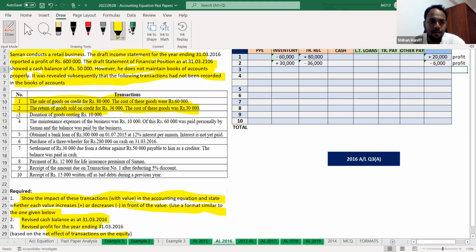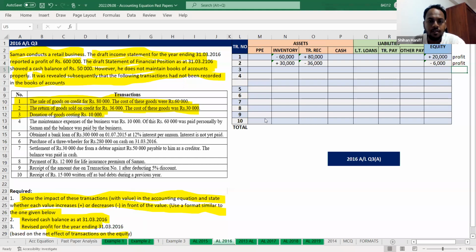Okay. Third one. Donation of goods costing 10,000. So if we donate, inventory will reduce, and the donation is considered an expense. Inventory minus, equity minus. This is donation.